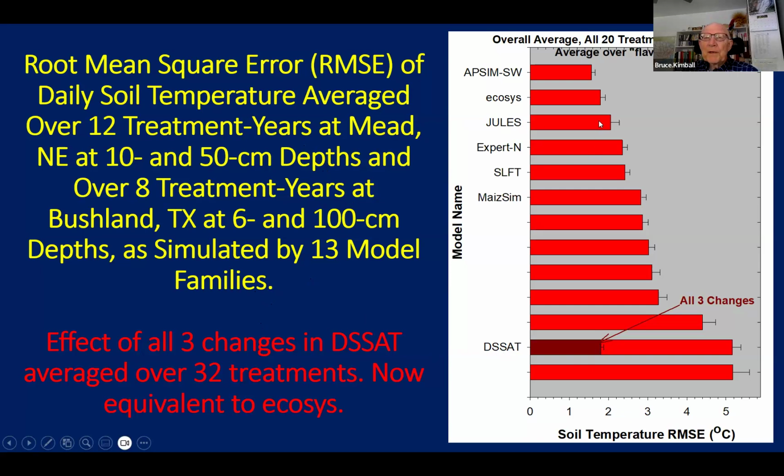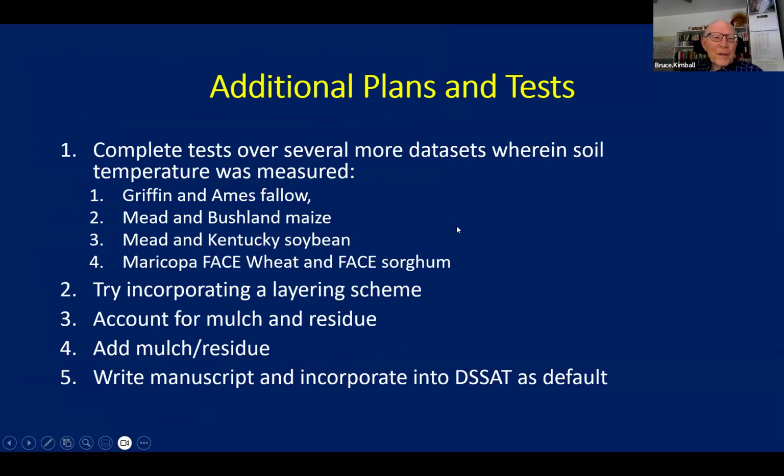And if you go up here now, you can see I've now got it as good as EcoSys. So a lot of work here to get it a little better, but it's happened. And so, in fact, I have made some improvements in how DISAT can calculate soil temperature.